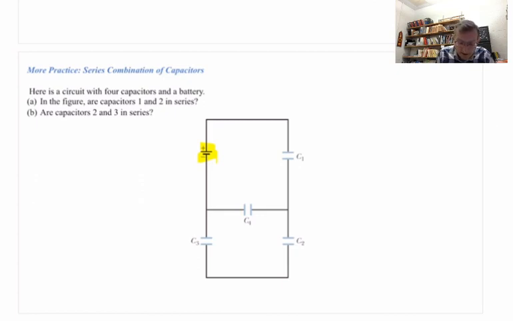In this circuit diagram, are capacitors 1 and 2 in series? That's question A. And then question B, are capacitors 2 and 3 in series? Those are the questions. So practice identifying when we have series and parallel connections, and we'll be talking about this also in class. But that's all for this video.